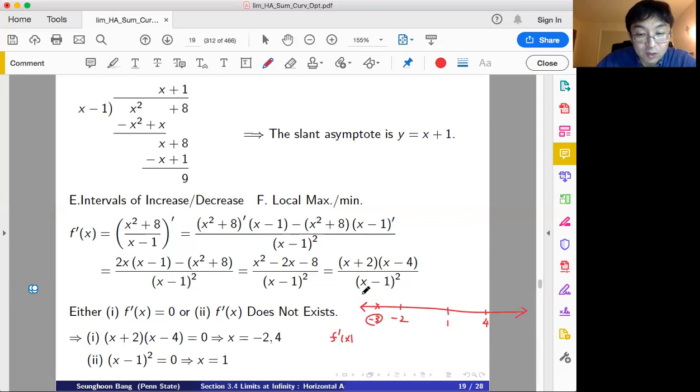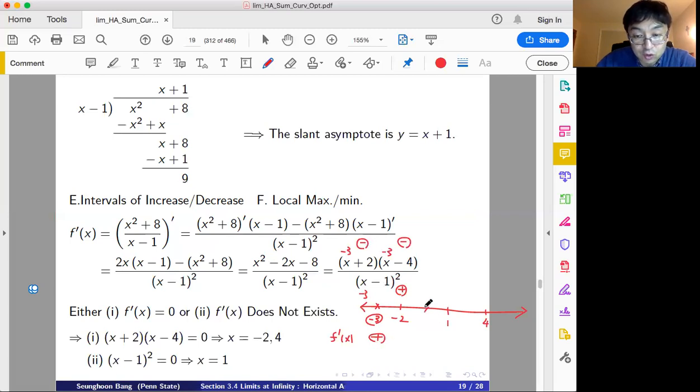You plug negative 3 into x here. Negative 3 plus 2 is negative. Negative 3 minus 4 is negative. Negative 3 minus 1, squared, is always positive. Negative times negative is positive.